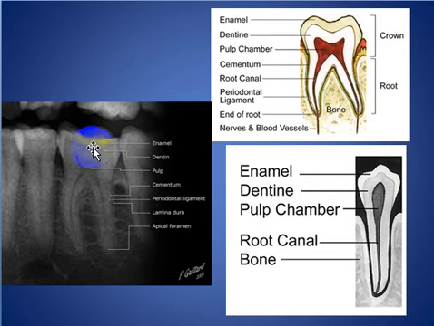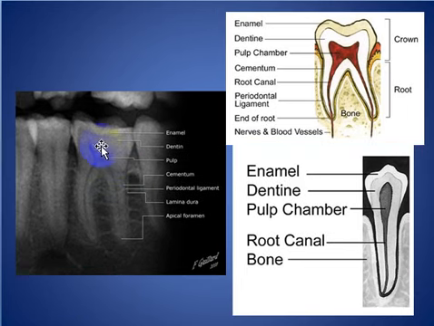We have the enamel, and it is radiopaque, and below it is the dentine, and it is less radiopaque. The enamel is covering the crown, and it is the strongest, hardest material, and does not have nerve supply.